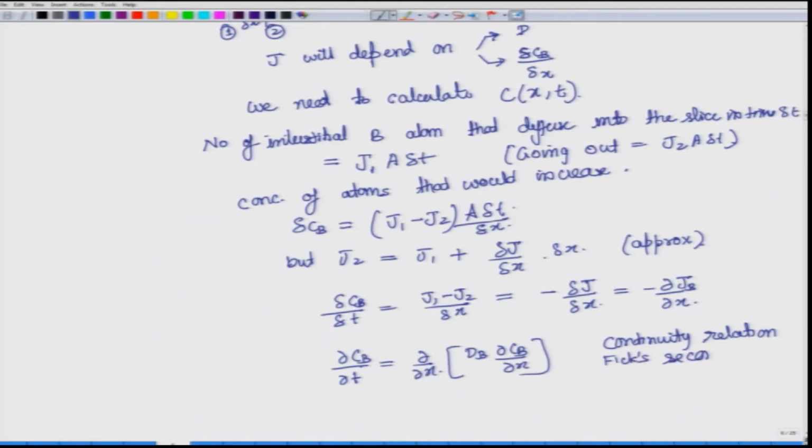Now, here we can make an approximation that if D_B is approximately constant through the range, then we can further simplify it to write it like this.